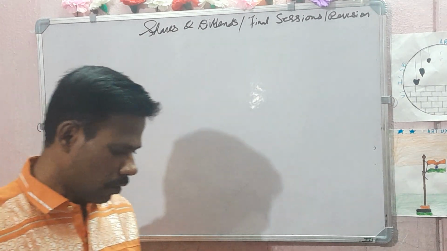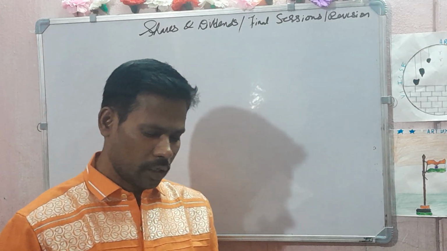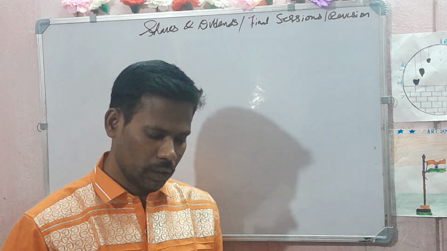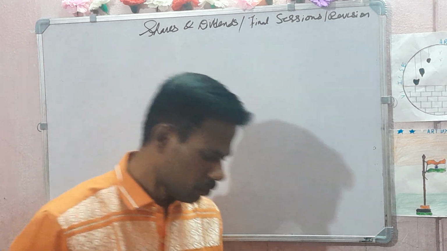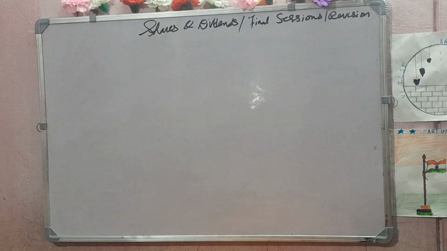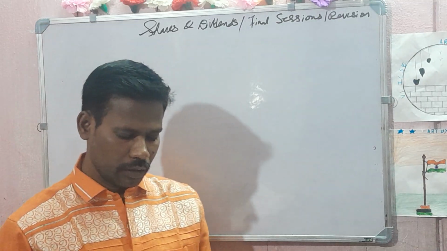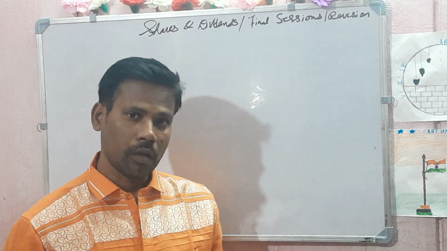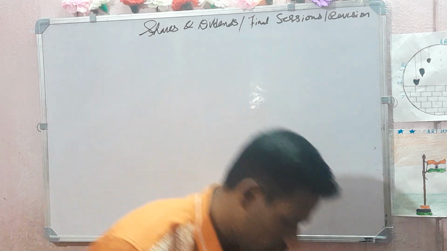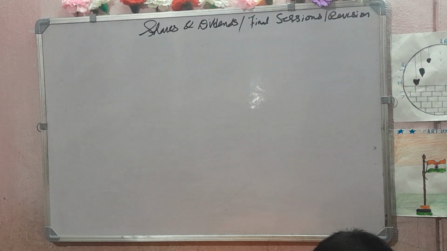That problem I will do later on because it will take a lot of time. With this, shares and dividends is finished, and all the models I told you about are covered. So let me recap what we have done.